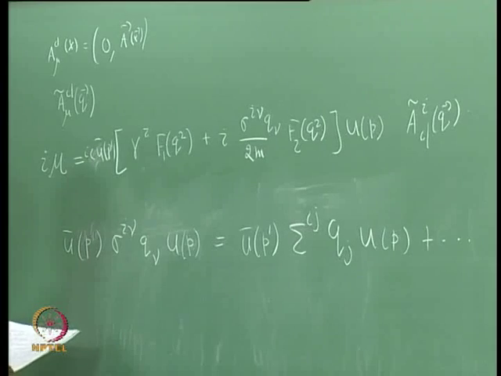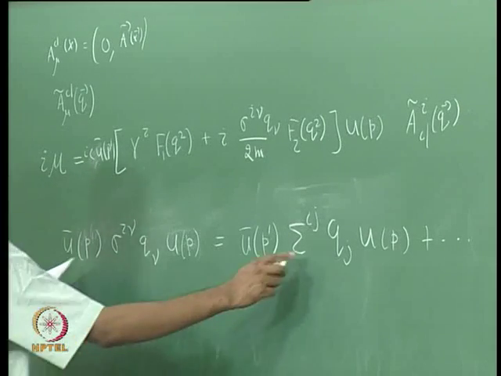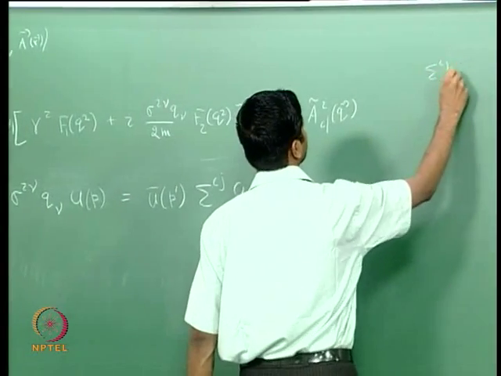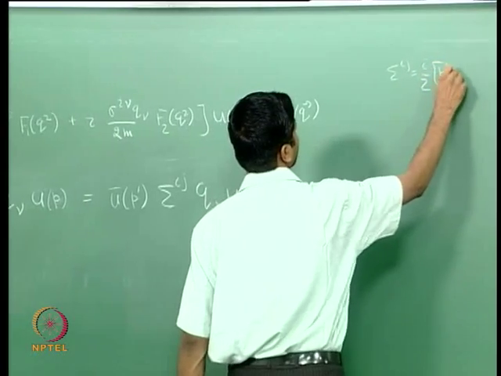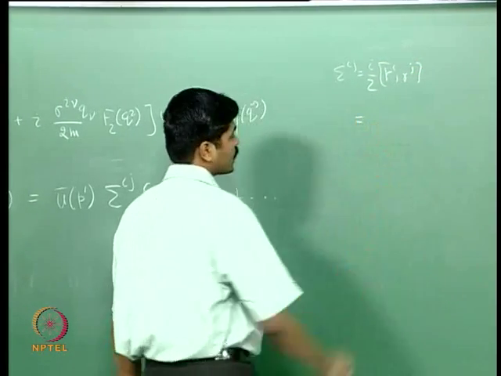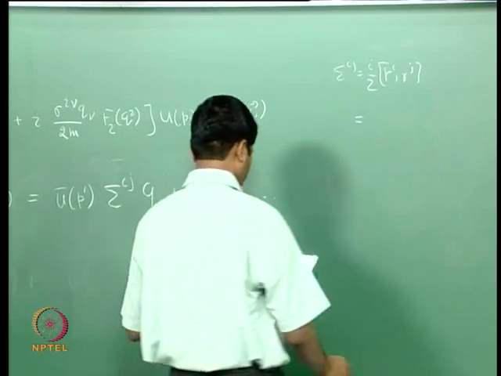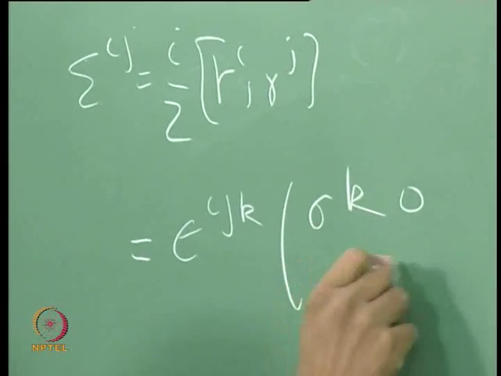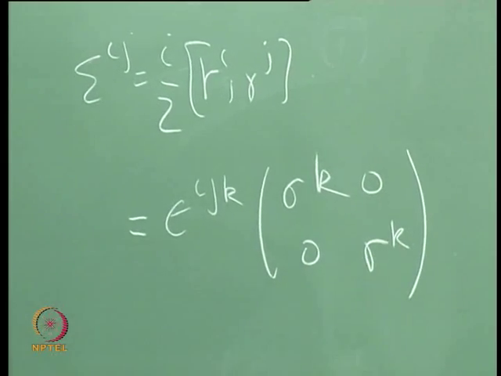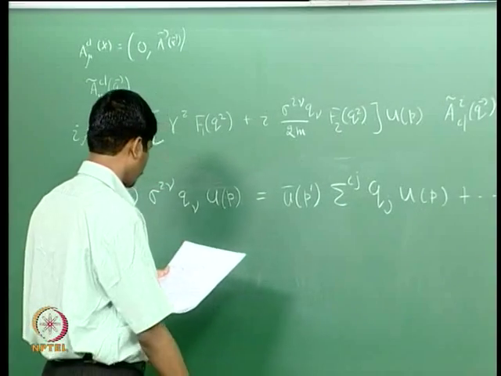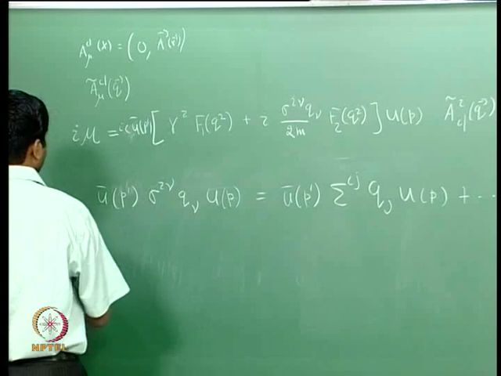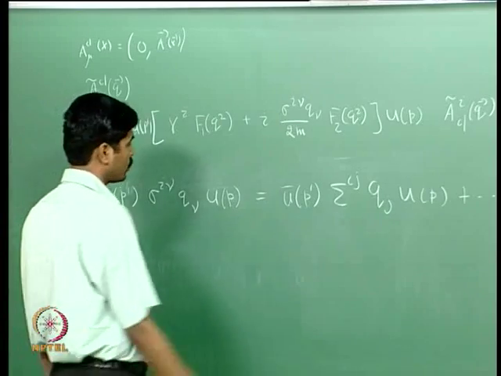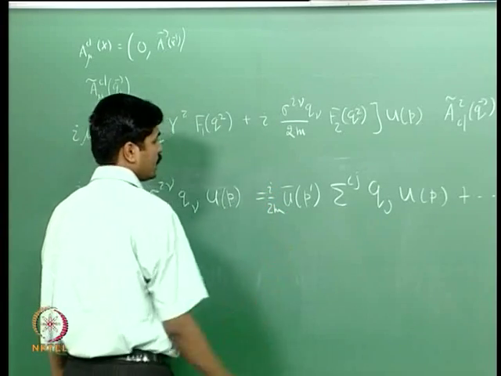and sigma i j is i over 2 commutator of gamma i gamma j. In the representation that we have chosen, this is simply epsilon i j k sigma k 0 0 sigma k. Okay. So, let us consider i over 2m times this.